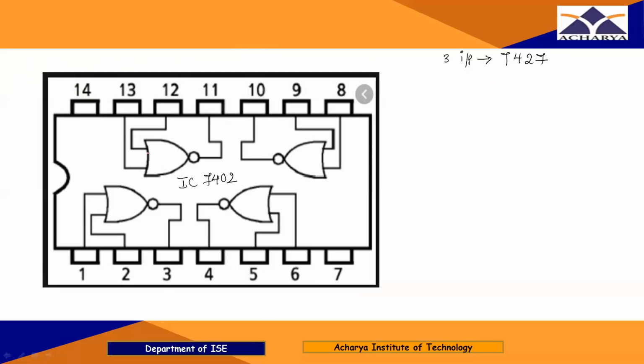So next I'll go with the NOR gate. So here the IC number for 2 input NOR gate IC is 7402. If it is 3 input, 7427, right? So here I am going to write first gate, second, third and fourth, right?